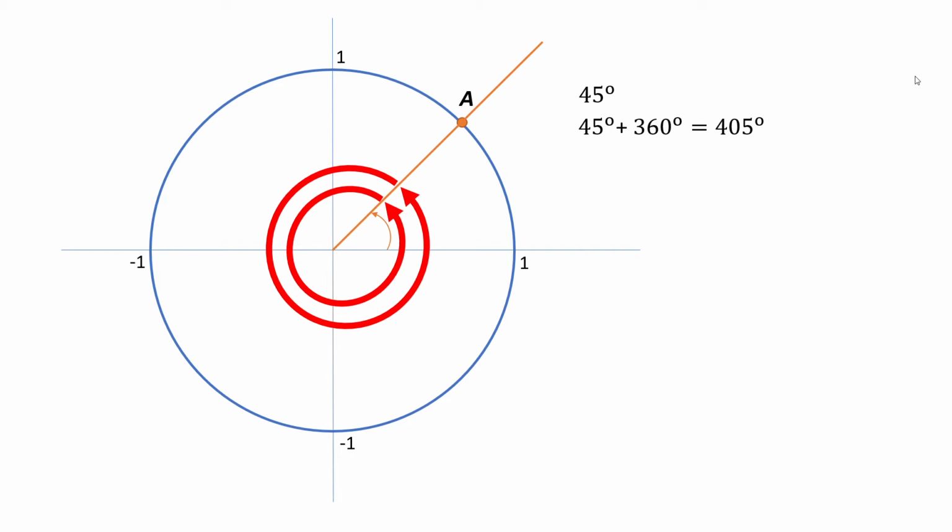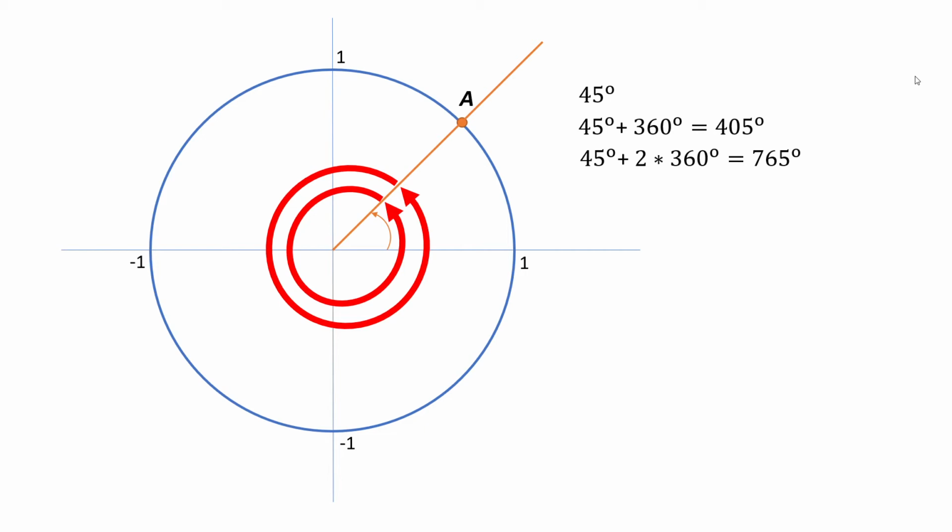In this case, we take 45 degrees and add 360 degrees twice, and we get an angle of 765 degrees. And we can keep doing this, another circle, another circle, and every time we add 360 degrees, and our angle is going to grow.